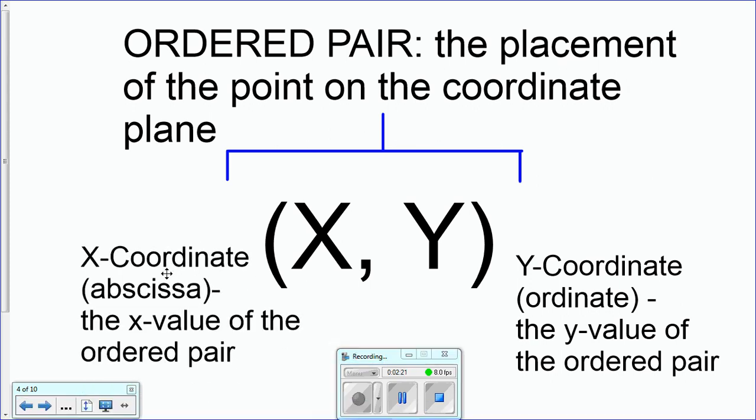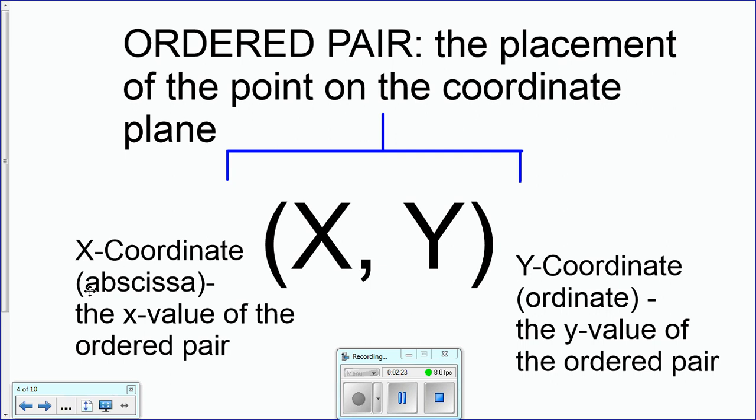And the x-coordinate, also known as the abscissa, is the x value of the ordered pair. I have never used the word abscissa or ordinate in my life, but it's part of your vocab, so I just want to let you know those are what they're called. X-coordinate, x value; y-coordinate, y value.